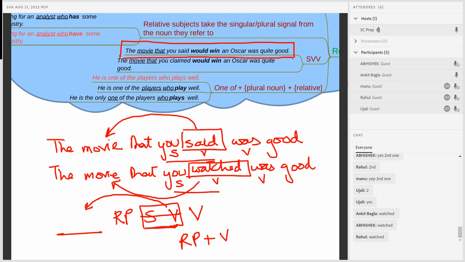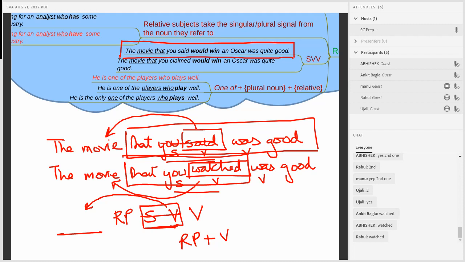So basically what we're saying is the descriptive element in the first one is that was good. The descriptive element in the second is that you watched. So in the second one, the was is not part of the description. That's why it is a complete sentence, because the was is now free to combine with the movie. Do you see?